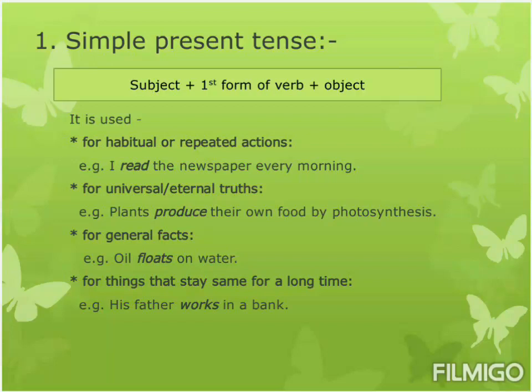In simple present tense, we use the base form of verb, that is the first form of verb. With singular subjects, we use s or es with the base form of verb, as in: He reads the newspaper every morning. But in negative or interrogative sentences, we use do not or does not.